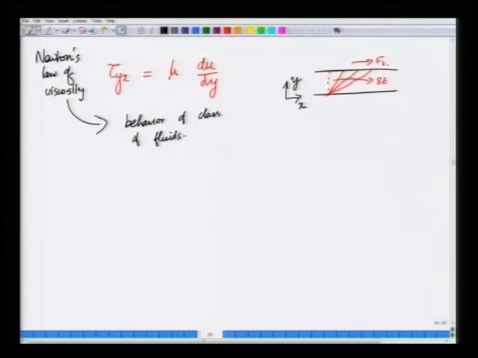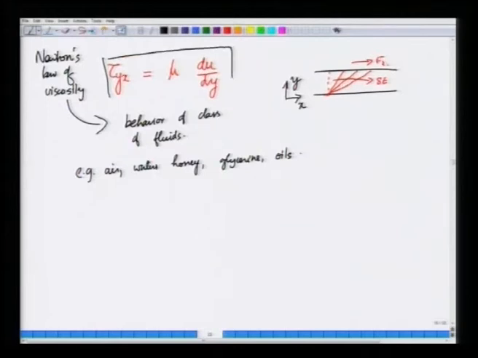But it turns out that many simple fluids like air, water, honey, glycerin and several oils all obey this behavior. So, it is a pattern of behavior that is followed by a wide class of fluids.